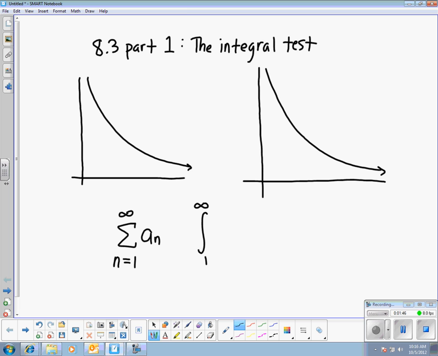We would integrate that function from 1 to infinity. So instead of treating it like a sequence, a list of terms, we're going to include all of the other terms. And our connection is basically this. If we plug in 1, I guess in this case we'd be plugging in 2.